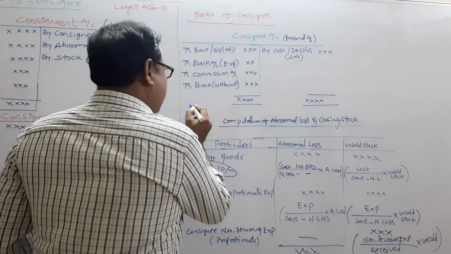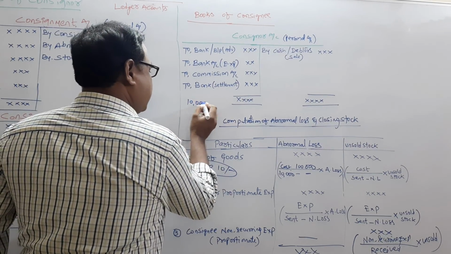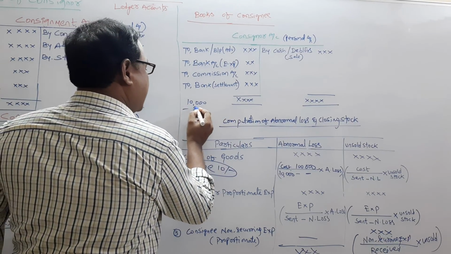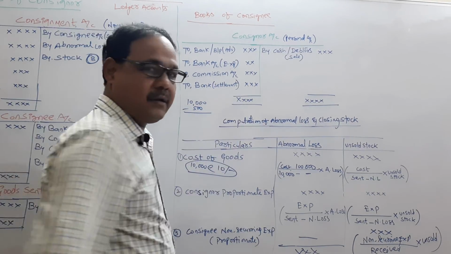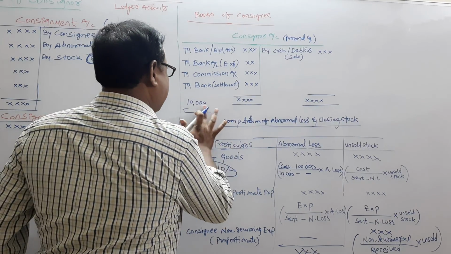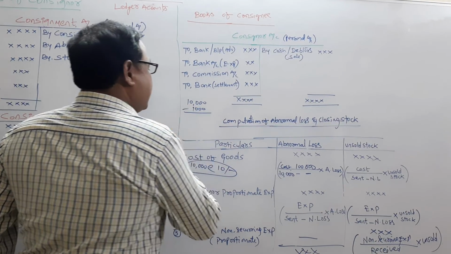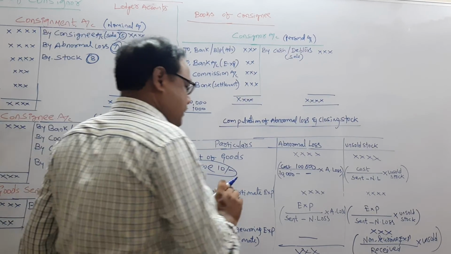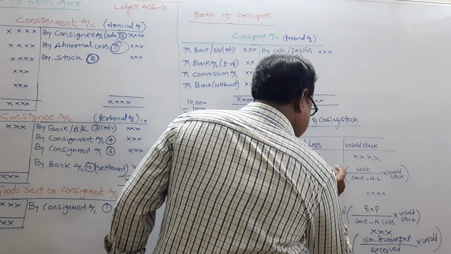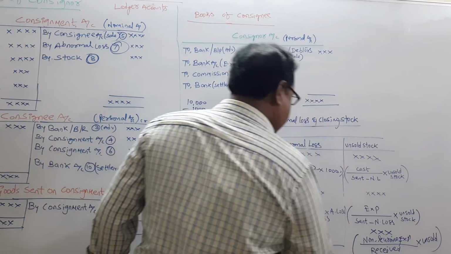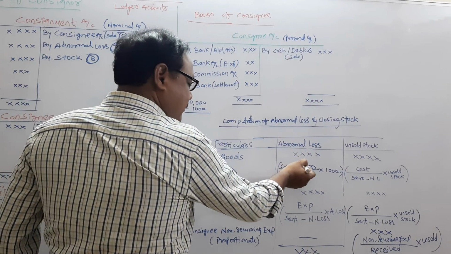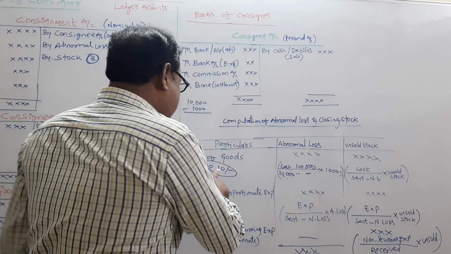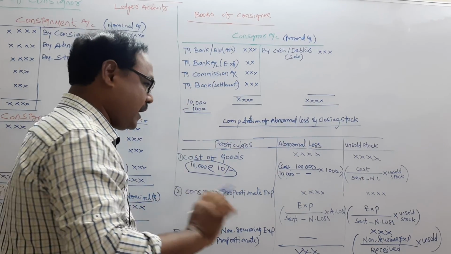Assume out of 10,000 units, during transit 1,000 units are lost. 1 lakh divided by 10,000 units. So in my example normal loss is nil.